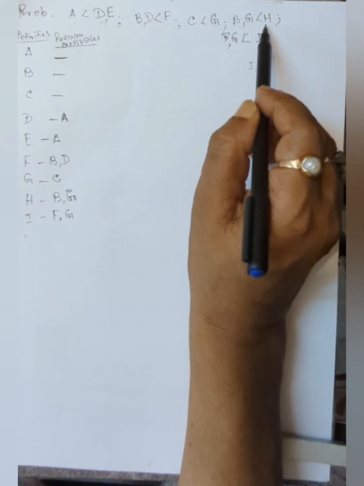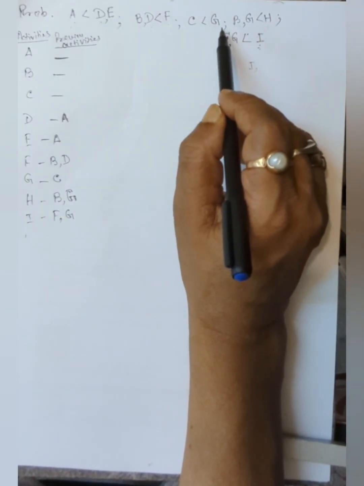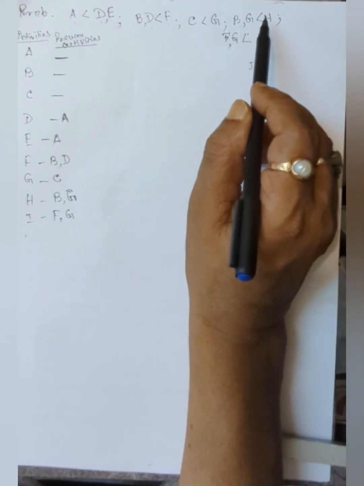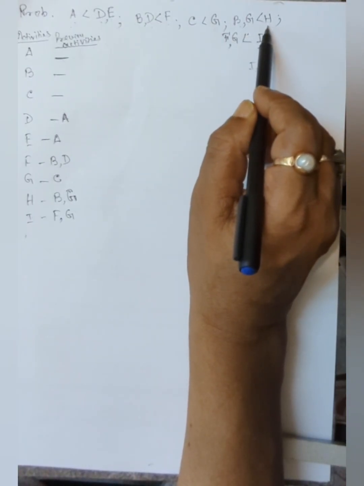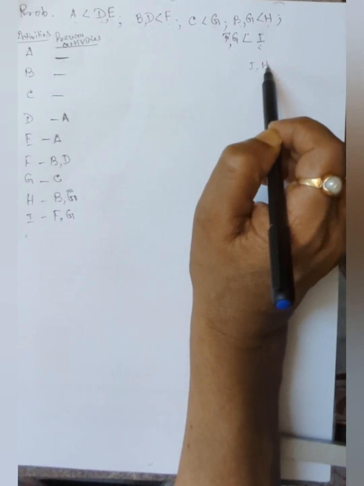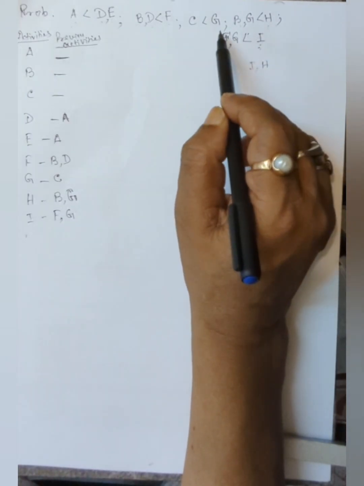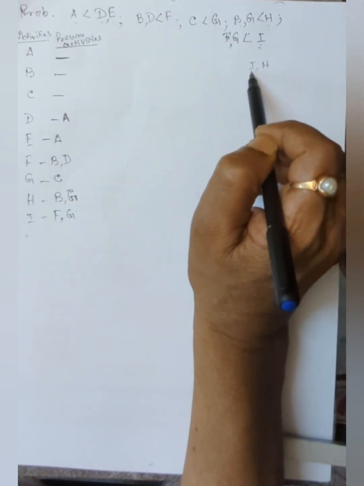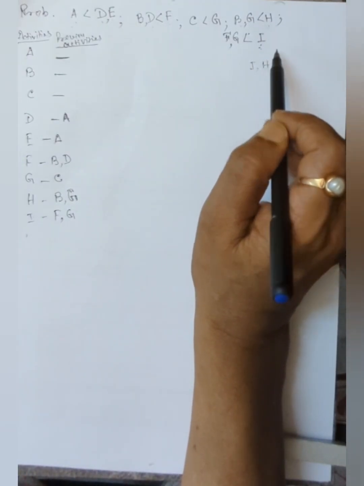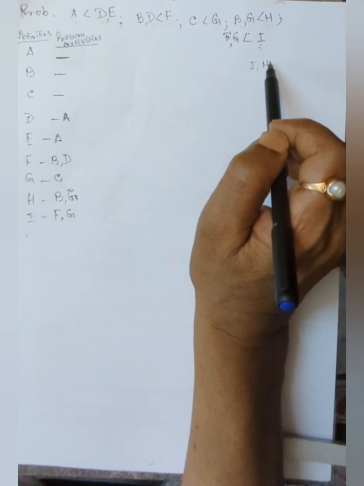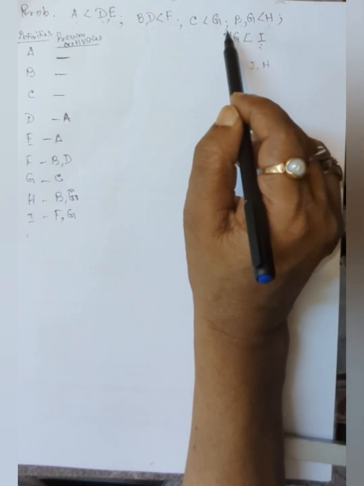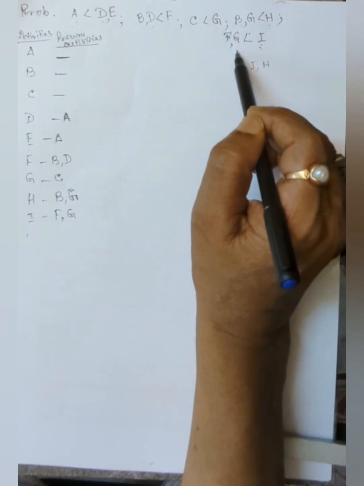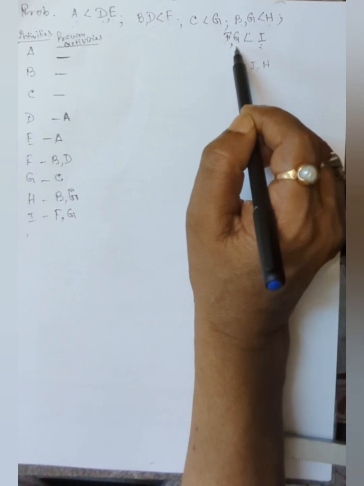H is also a terminal activity, because it does not have to be completed to start any other activity. This is the last activity. Just taking the idea of which will be the terminal activities: I, H. G is available here, so somewhere it is used as a previous activity; it will not come.